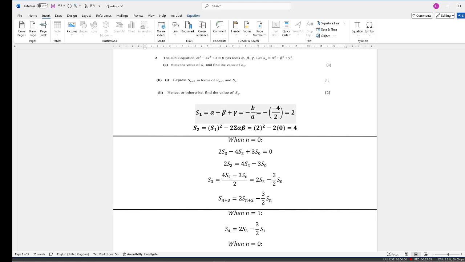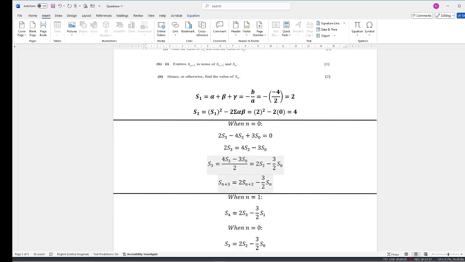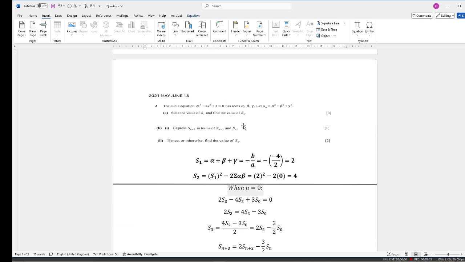It's using the same idea as we've evaluated before, and since we're going to find S3, we plug it in and rearrange it in such a way that we get S3. So 2S3 equals 4S2 minus 3S0, and we can divide this by 2 to get this right here. Now we can plug back in our n plus 3 to get Sn+3 equals 2Sn+2 minus 3 by 2 Sn. That's how we draw relationships between polynomials.